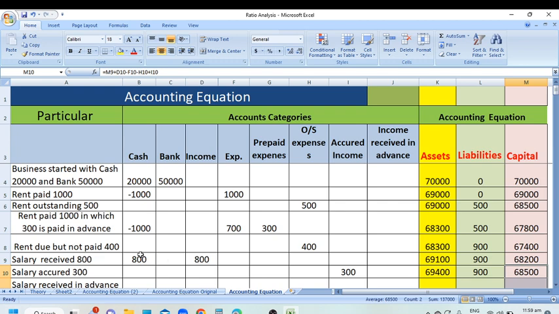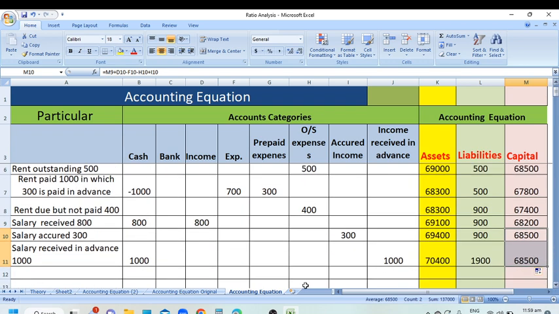Rent due means outstanding. So outstanding here will increase the liability and will deduct the capital as well. No effect on asset. Salary received, cash comes, it will affect here. Income, effect on the capital too. 300 accrued is here, but still it is an asset, will come here and come to the capital too because it belongs to the current period.